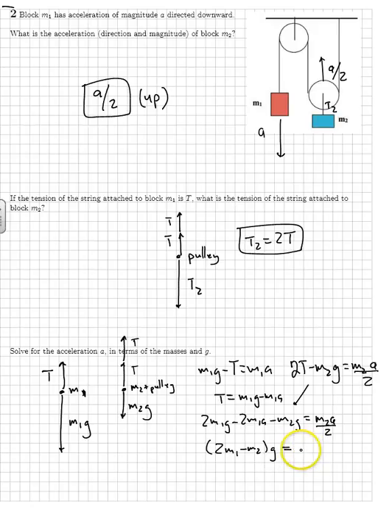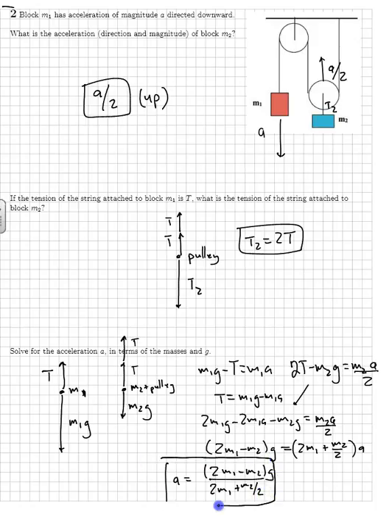On the right, we have 2M1 plus M2 over 2 times A. So A will be 2M1 minus M2 times G over 2M1 plus M2 over 2.